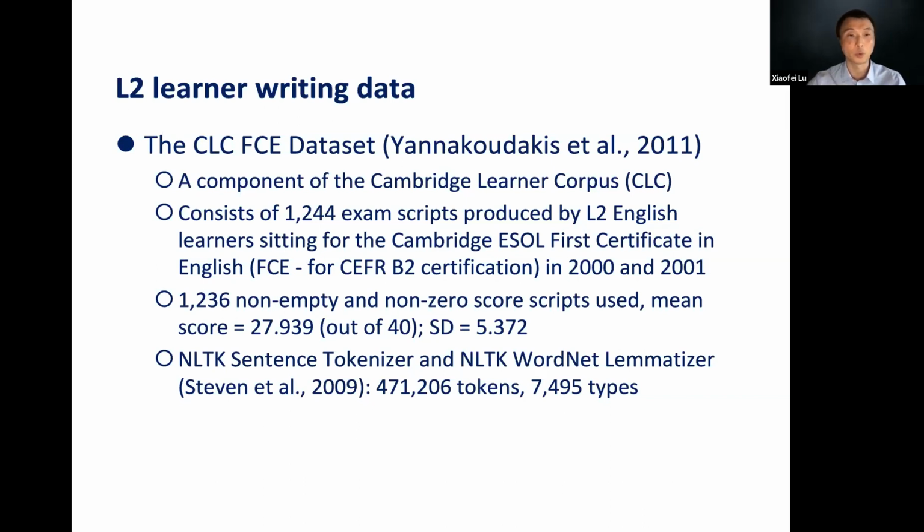The mean score was 27.9 out of 40, and the SD is 5.372. We performed sentence segmentation, tokenization, and lemmatization using the NLTK toolkit. After doing that, we ended up with about 471,000 tokens and 7,405 types in the learner data set.